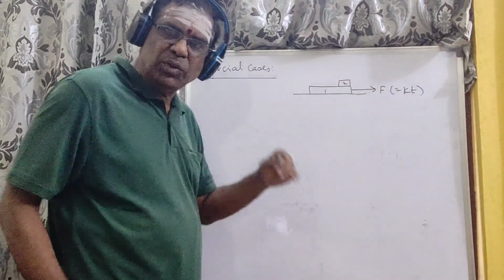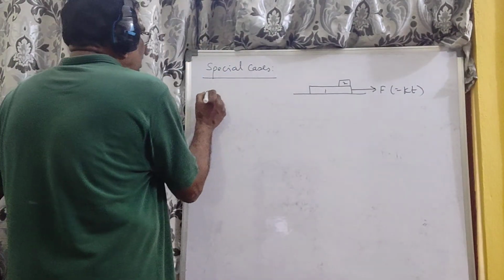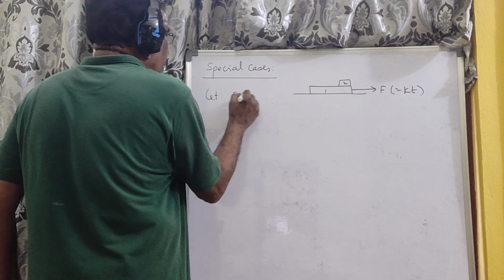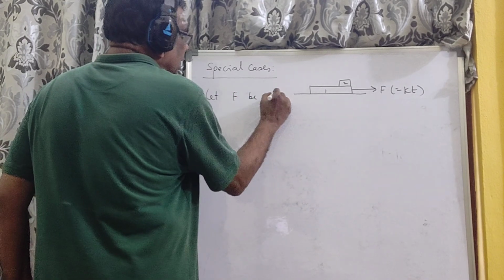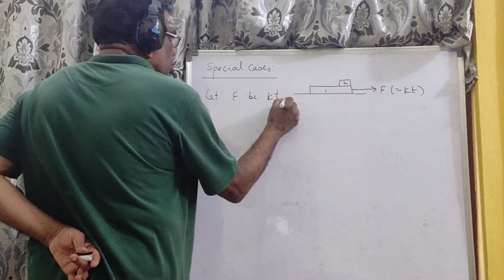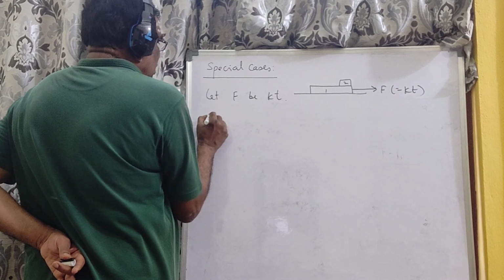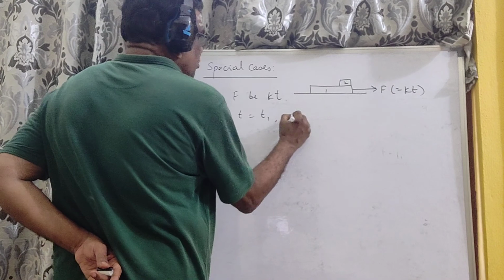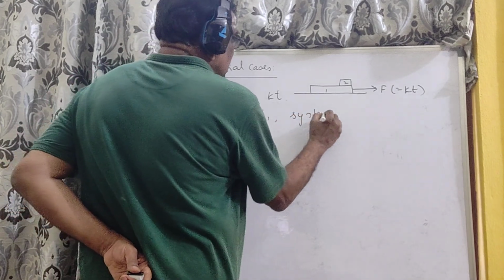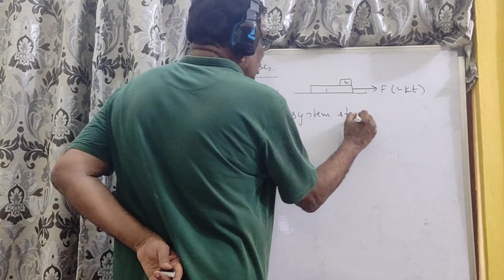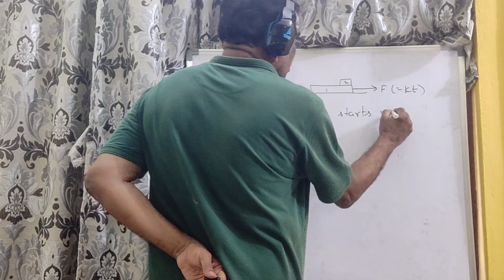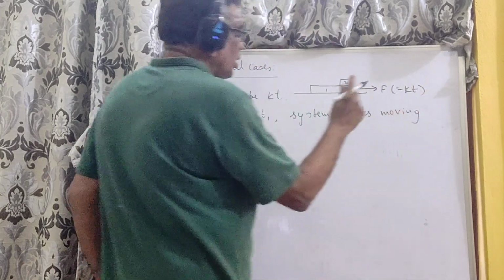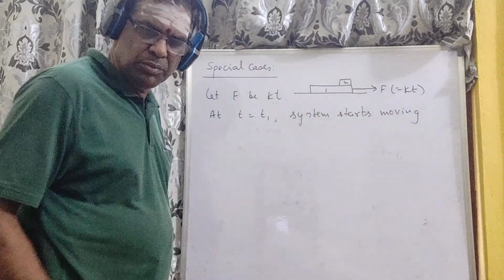As you increase your F, let F be KT. K is a constant. At T is equal to T1, the whole system starts moving.